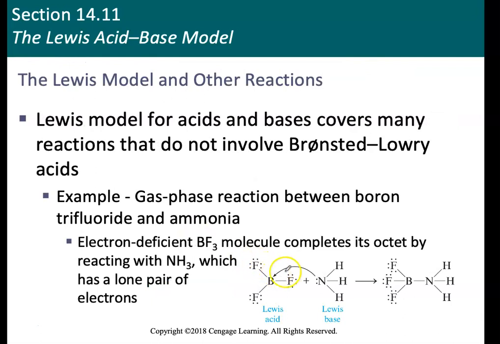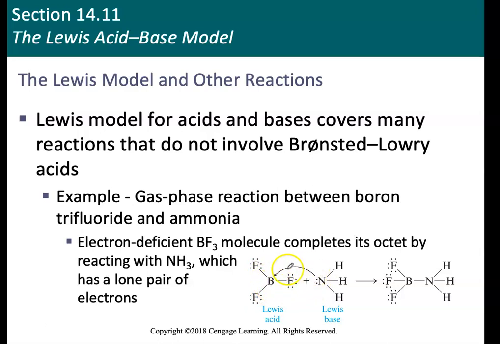Now in here you will see that Bronsted really doesn't show much of an indication to describe this. So here this is an electron pair donor. This is electron deficient, because if you look at the structure of boron, there are only 6 valence electrons.